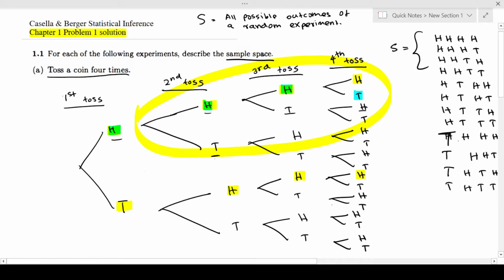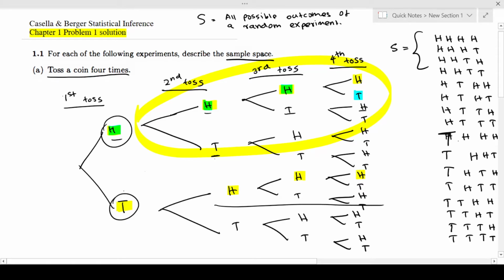Now I'm done with this branch. The only remaining one is the final one, tail, tail, head, head; tail, tail, head, tail; tail, tail, tail, head; and finally tail, tail, tail, tail.